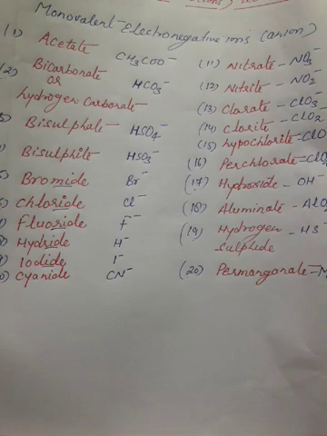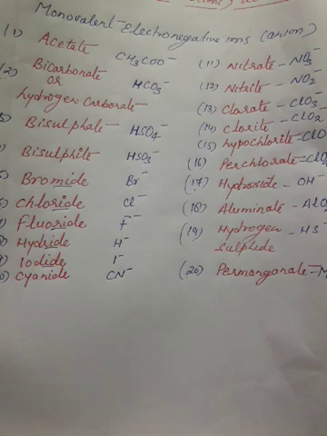So first you learn radicals which are made up of only one atom. Then you learn radicals which are made up of two elements. And then last you learn radicals which are made up of three. Only a few you will study, like bicarbonate, bisulfate and bisulfite. One acetate also.